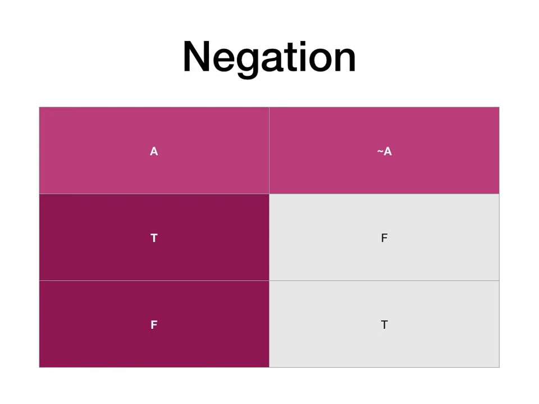A false, not A is true, and not A is false when A is true. So in our top line where A is true, not A is false. And this thing you're looking at here is called a truth table. And these have a few uses, but one of the main ones is we just use them to define what the connectives mean, right?